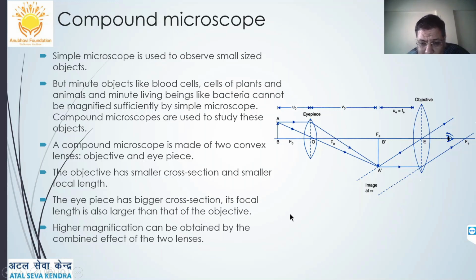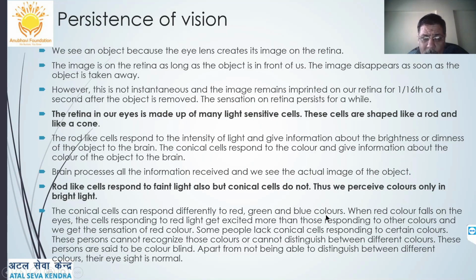Higher magnification can be obtained by the combined effect of the two lenses. Whatever image is formed by the objective will be inside the focal length of the eyepiece, and then a virtual image can be created here which is highly magnified.